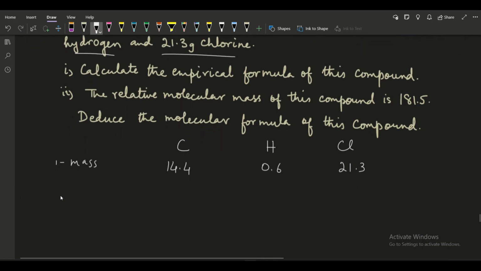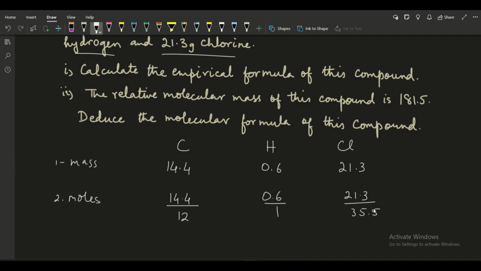Now we have to find the number of moles for three of them by dividing with their atomic masses. So it would be 12. For hydrogen it would be divided by 1. For chlorine, the atomic mass of chlorine is 35.5.